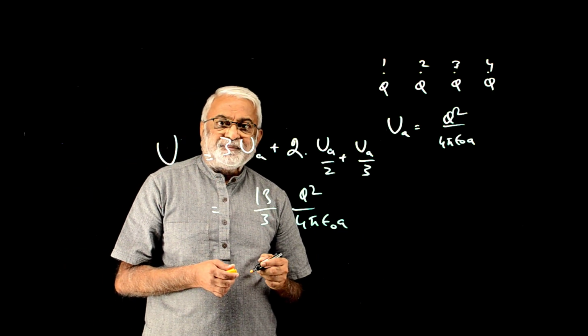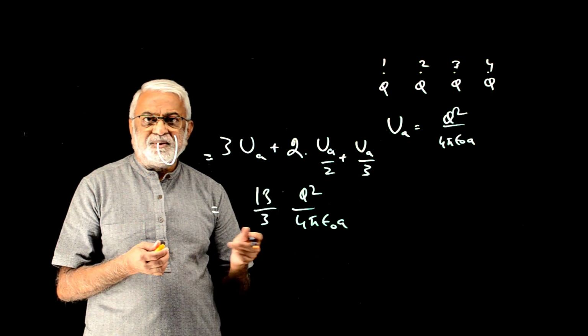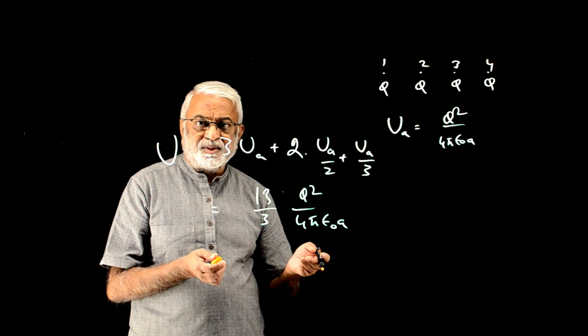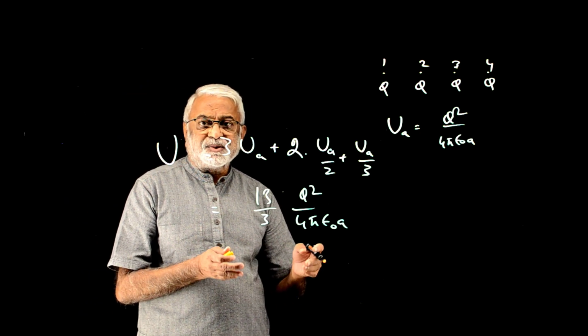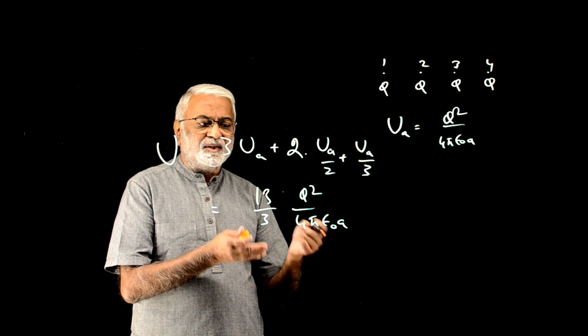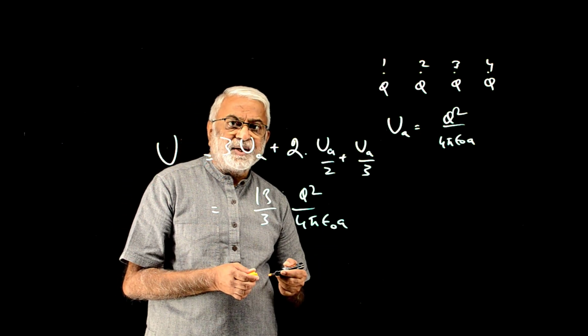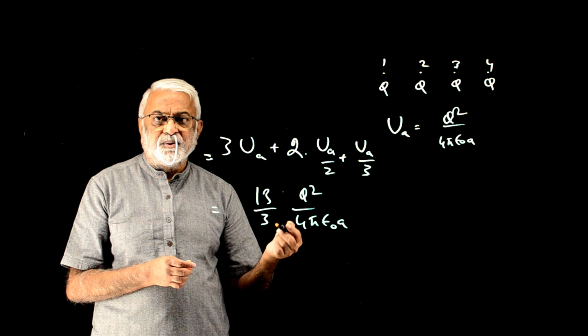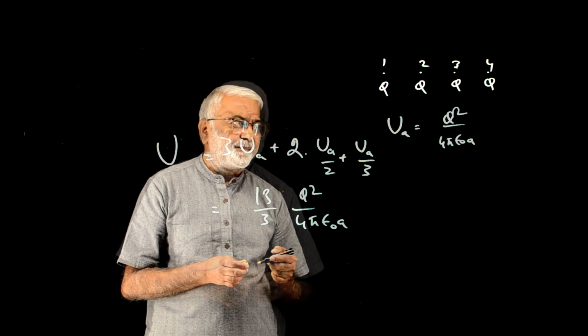Much simpler. So you can try this out. When there is symmetry and identical pairs, the energy of one pair can be defined in terms of the other. This is very convenient, counting the pairs without duplicating, without repeating.